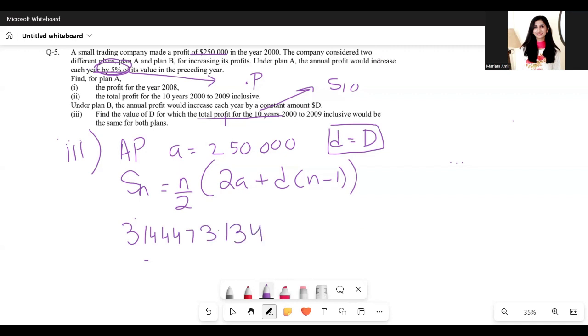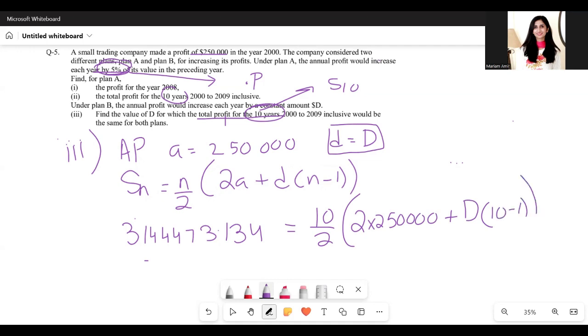You're going to use the unrounded value, and equate it to the AP sum. N is 10 because it's 10 years here as well. So 10 over 2 times 2A, A is the same thing, 250,000, plus capital D times N minus 1, which would be 10 minus 1.